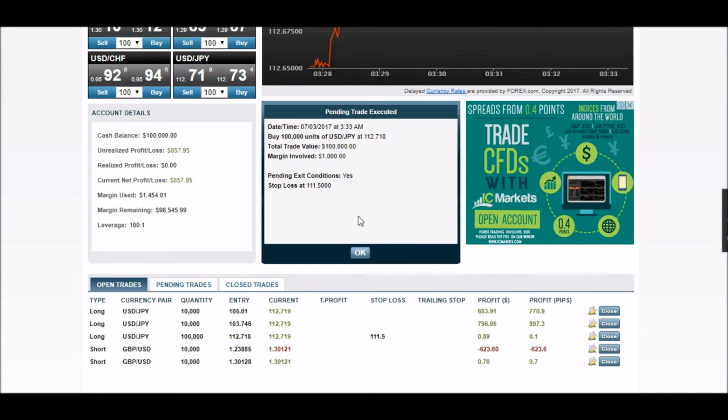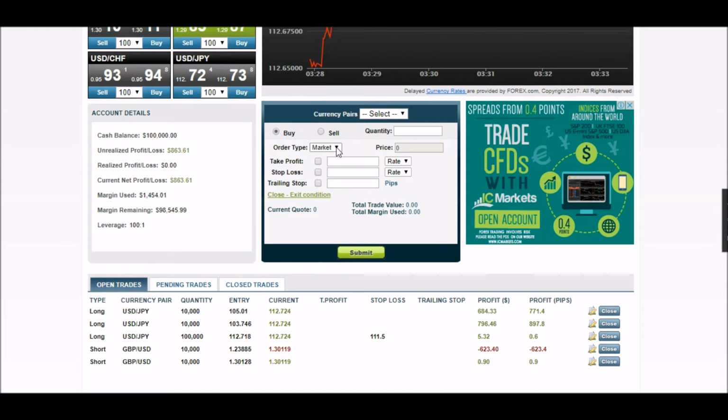Now we can also initiate another order at the neckline breakout. So we can place an order to buy dollar yen $100,000 at 112.10 and a stop loss at 111.30. So we put that order as a limit order since we do not wish to execute at the current market prices.